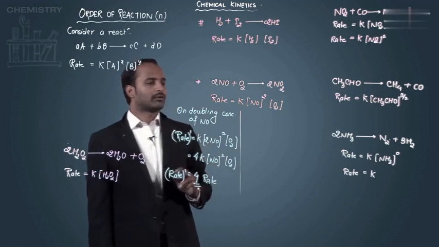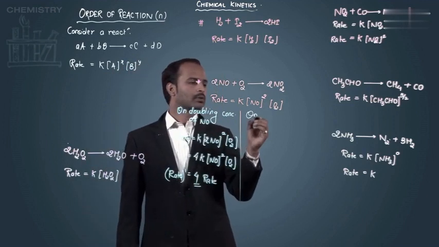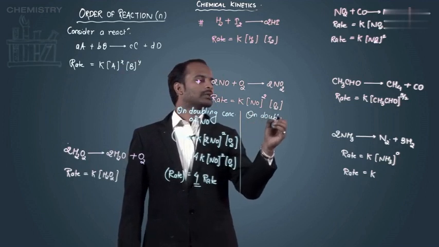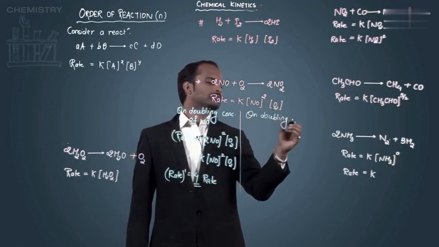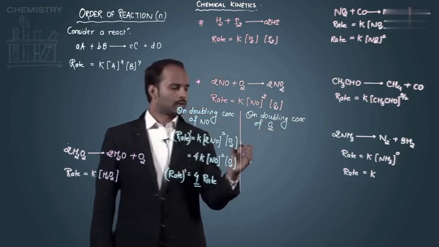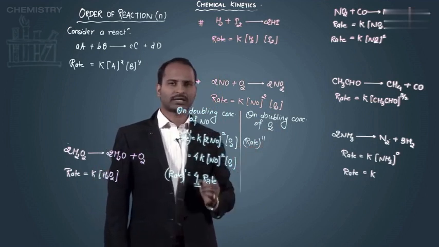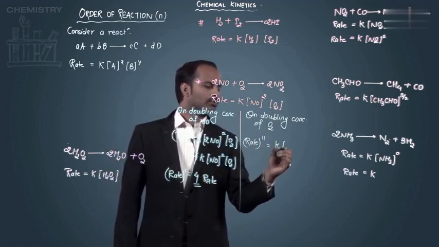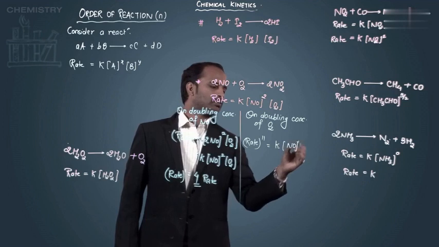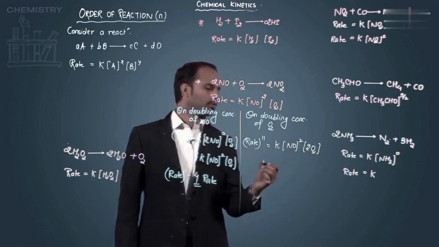Now let's see what happens if I'm changing only the concentration of O2. On doubling the concentration of O2, again the rate of reaction will change. I'm representing it by a double dash. K into NO is the same, only the change is O2. O2 is doubled, that is 2 O2.